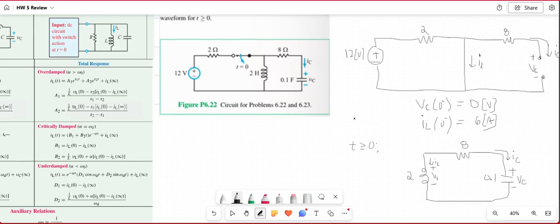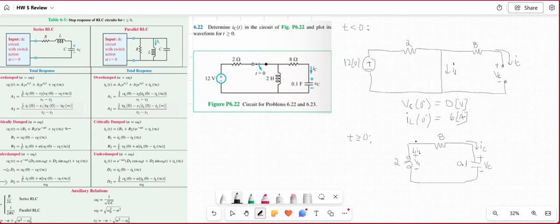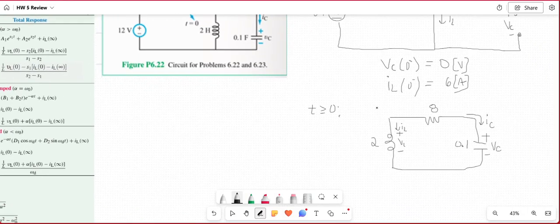The good thing about this one is we're given all of our R, L and C. That really makes the problem easier.